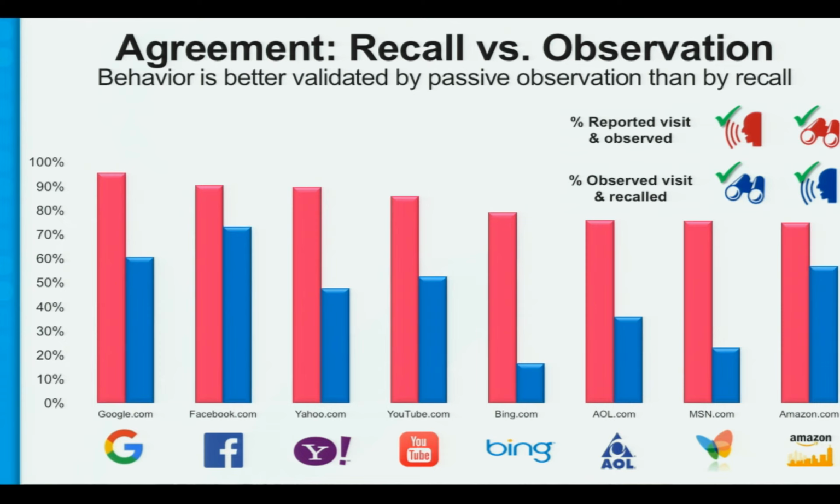That's in blue. So you can see here now that a lot of the top sites, they were in the 80, 90%. So again, that gives us some comfort that if you did it and you reported it, we actually saw it. So that behavior can be used as a behavioral linking variable between survey data and passive data that we use in, for example, linked imputation or data fusion.